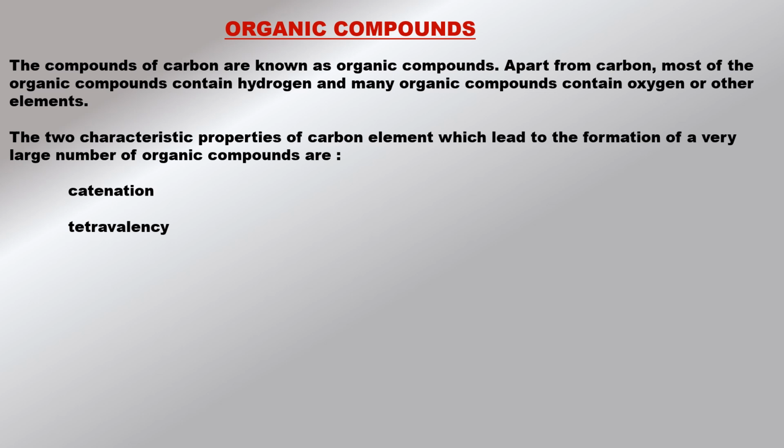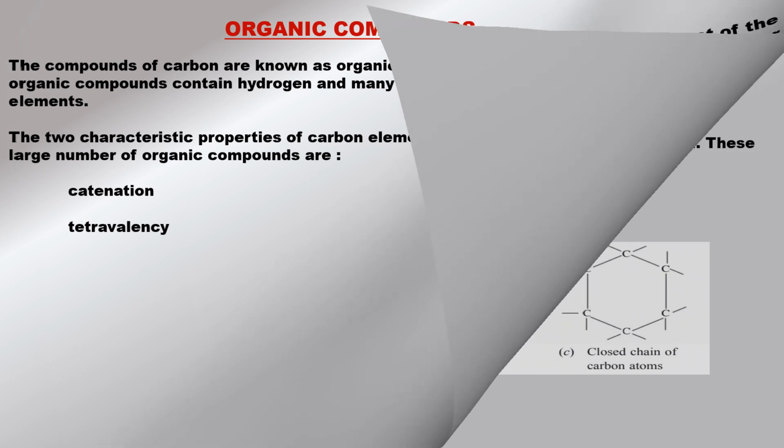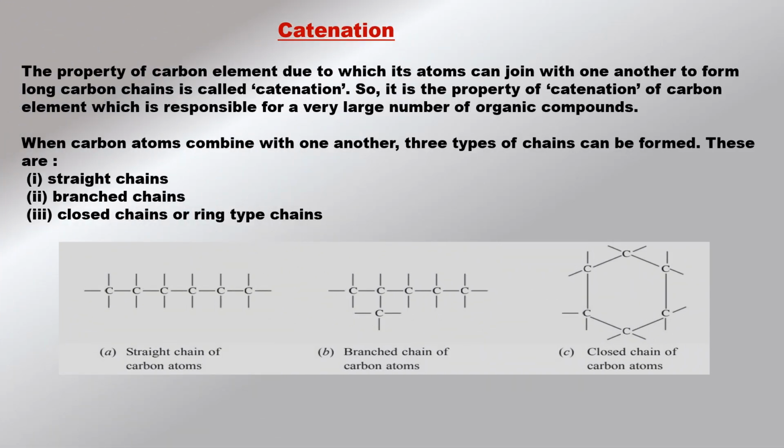The two characteristic properties of carbon element which lead to the formation of a very large number of organic compounds or carbon compounds are catenation and tetravalency. Catenation. Carbon atoms can link with one another by means of covalent bonds to form long chains or rings of carbon atoms.